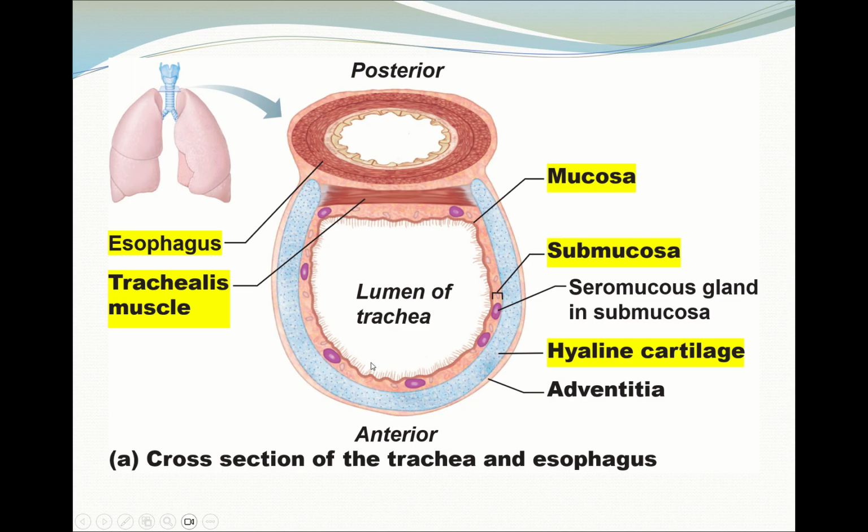Notice the cilia. This is pseudostratified ciliated columnar epithelium, and so it's going to secrete mucus and transport it so that we can get it out of our bronchi, our lungs, our trachea.